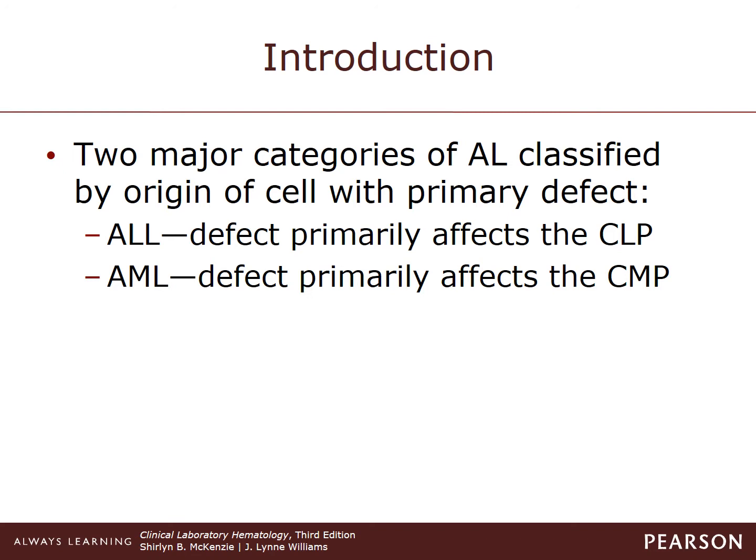Now, within those categories, there are also subtypes, and they're identified by their cell markers and by any kind of genetic abnormalities identified with those categories. So we're going to learn about the WHO classifications of the categories of AML today.